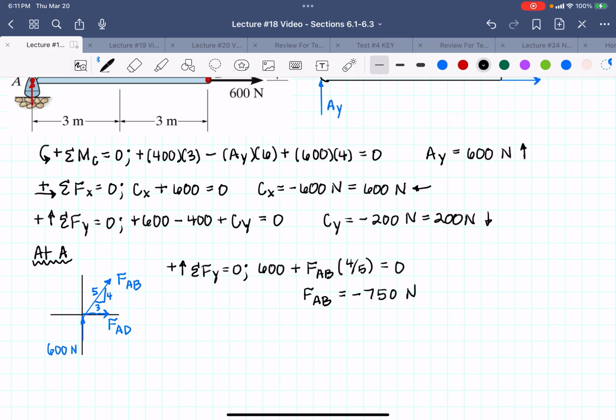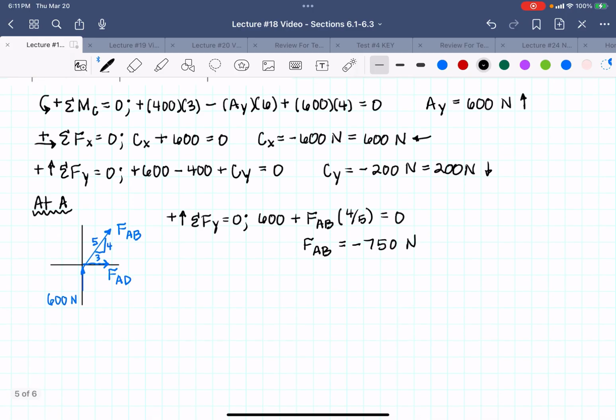All right, now we can do our sum of the forces in the X direction. So I'm going to assume to the right is positive. Sum of the forces in X equals 0. So I've got FAD in positive, and then I assumed that FAB was positive, but it's really negative.